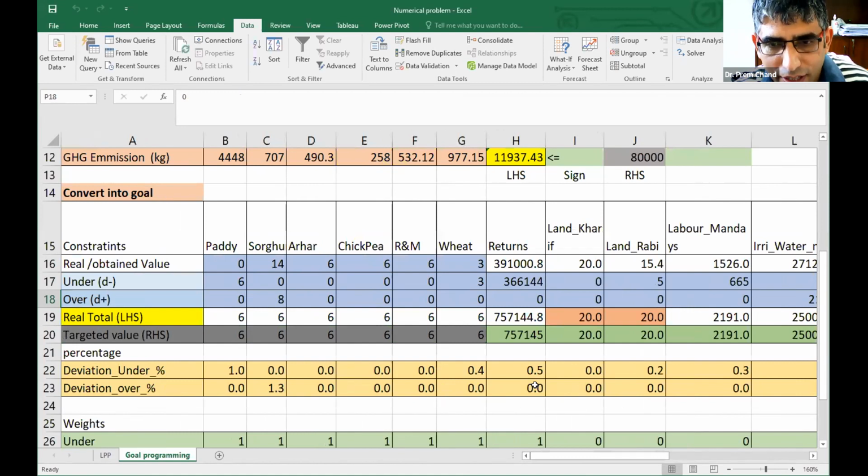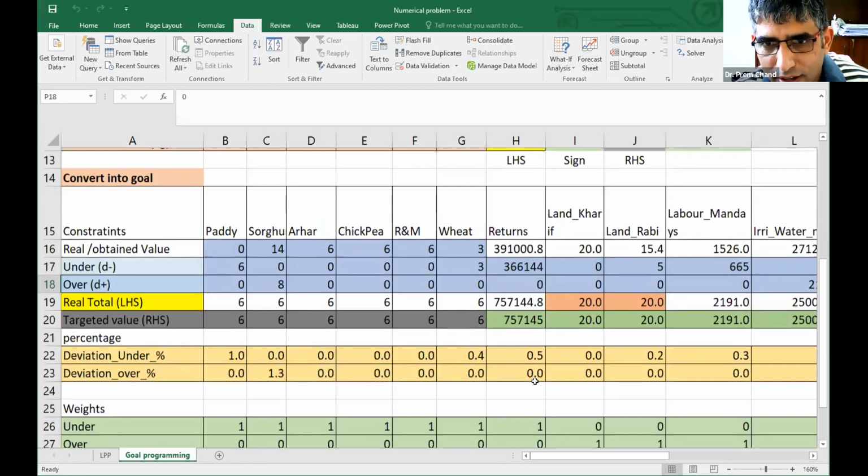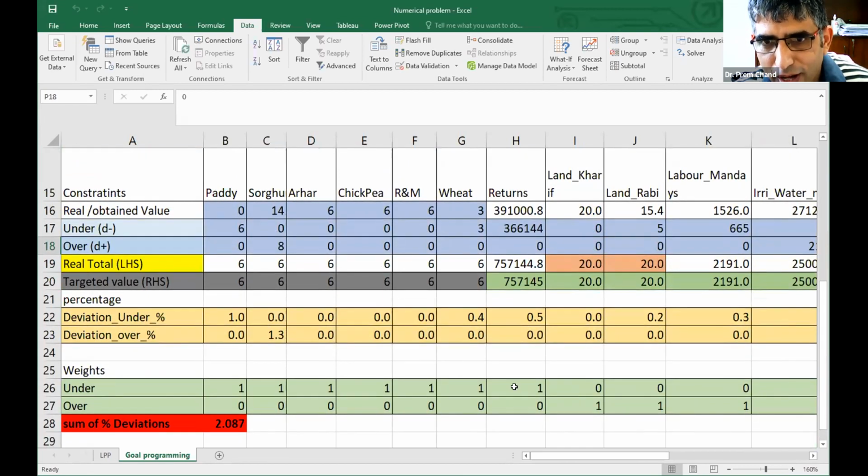Okay, if I want to do sensitivity, means if I want to give more weightage to what? To returns. So my under returns should not be less. I won't accept. I will give more weightage to return. Then I have given weightage to return.